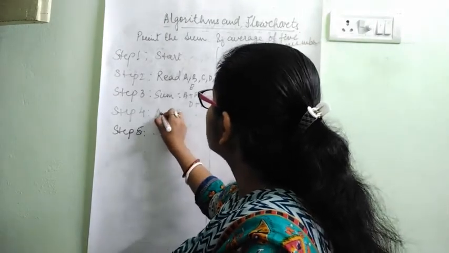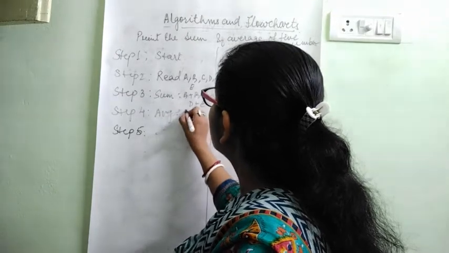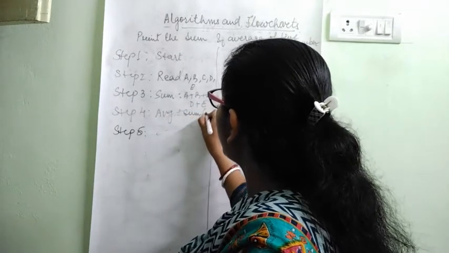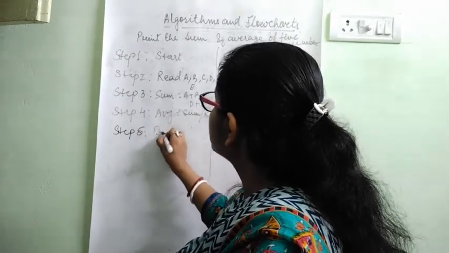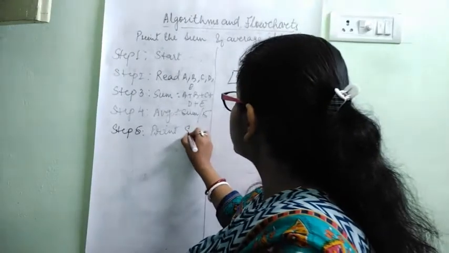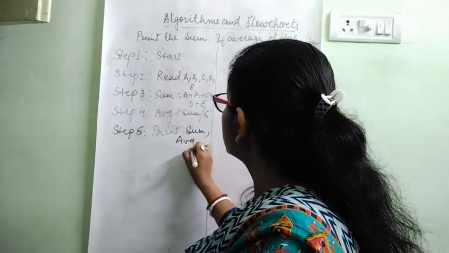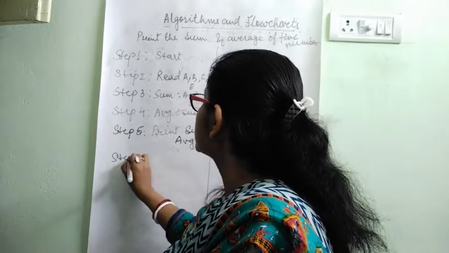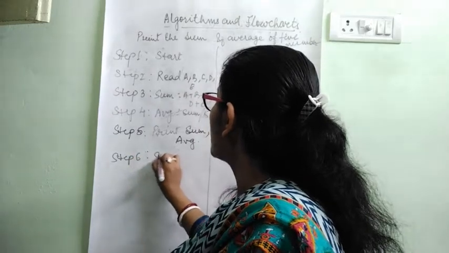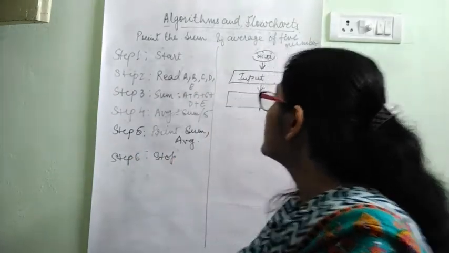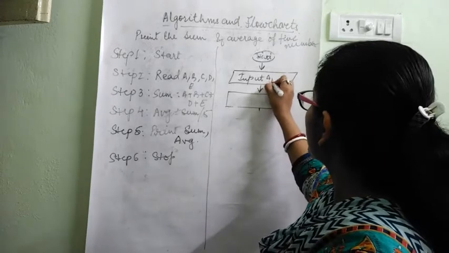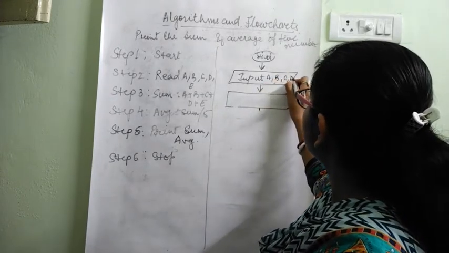Average AVG is equal to sum by 5. Print sum comma average. Step 6, stop.